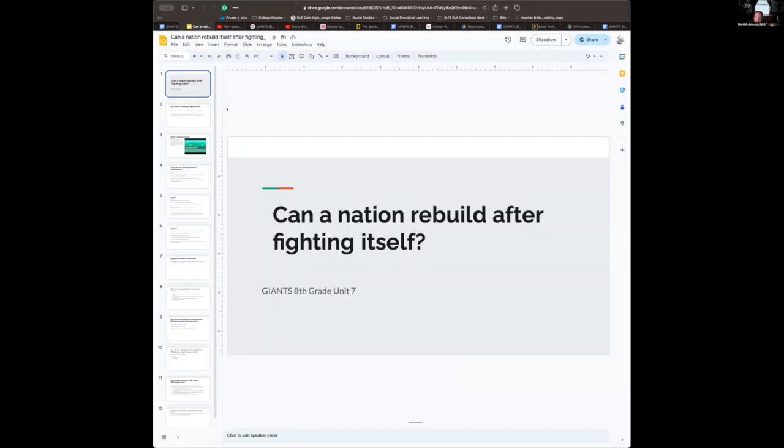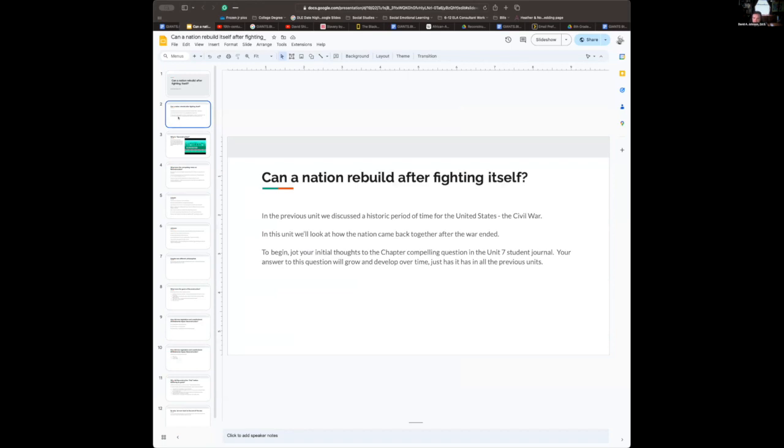We have our compelling question for Unit 7. It is: can a nation rebuild after fighting itself? We have talked for a long time about this being a very historic period of time for the United States, and being the culmination of this can kick that we've seen all year. And so in this final unit, we're now into what comes after it.